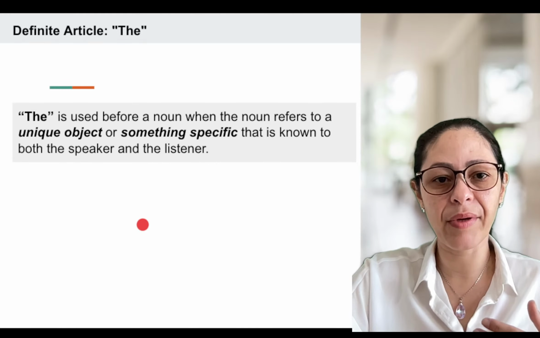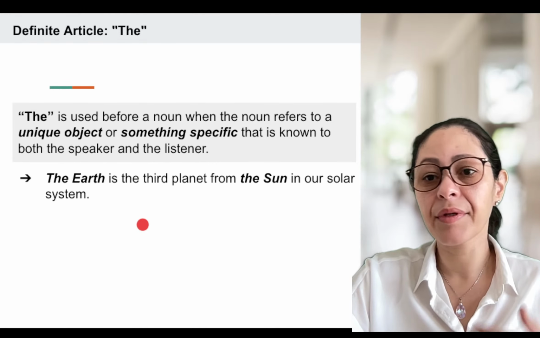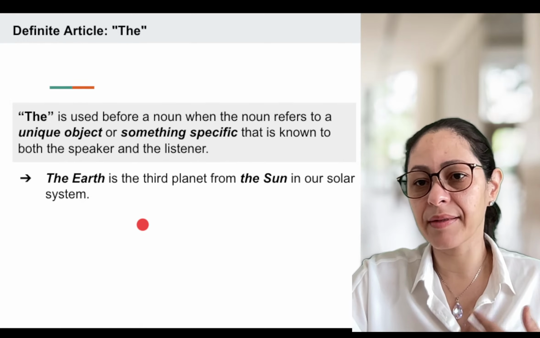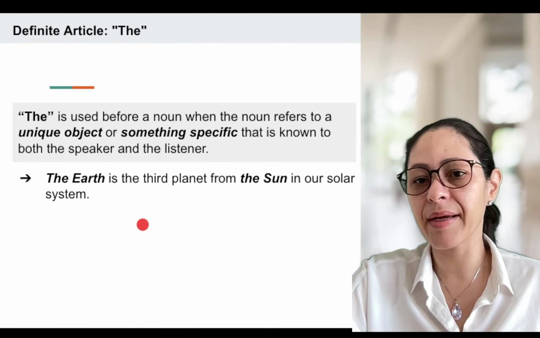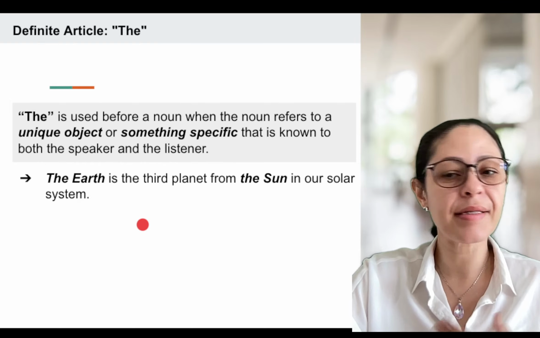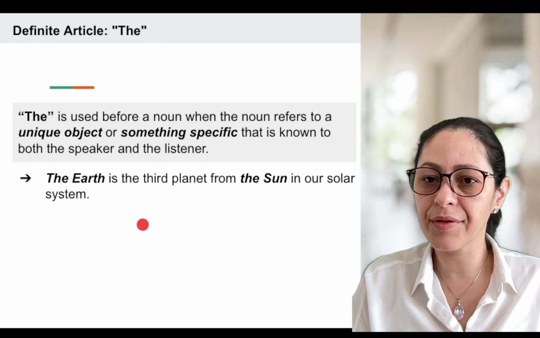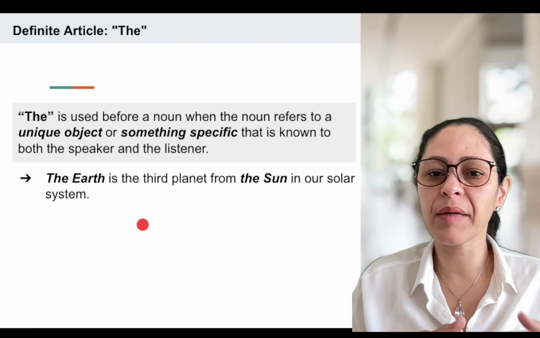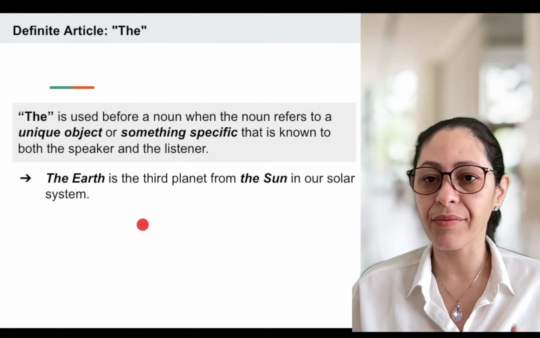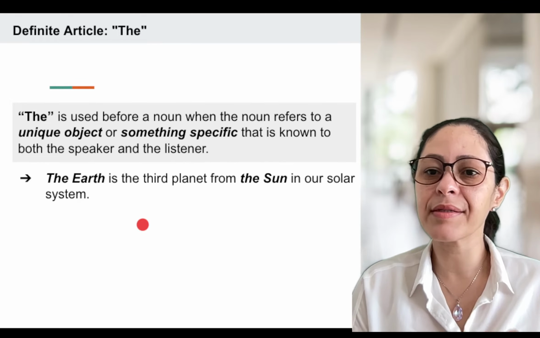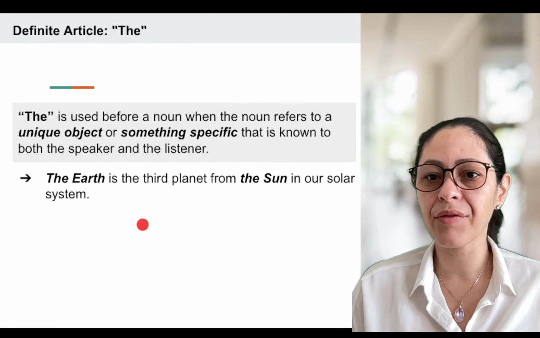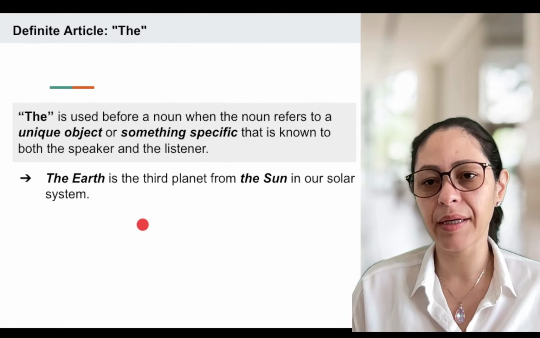Look at this example when we talk about our planet Earth. Usually in daily conversation, it is very common to hear just Earth. But when we are talking about academic English, when we are writing, then we should place the before Earth because Earth is unique. There is only one planet Earth.